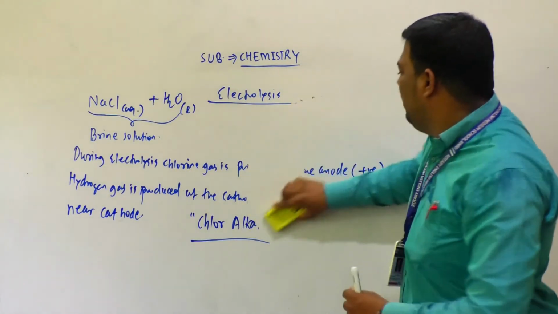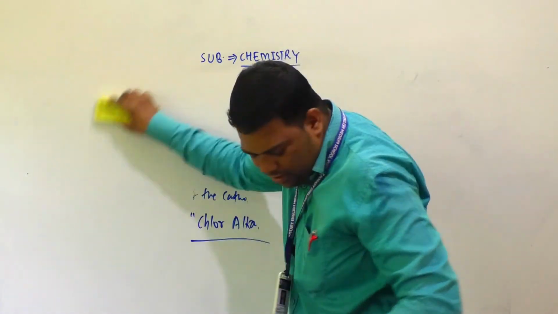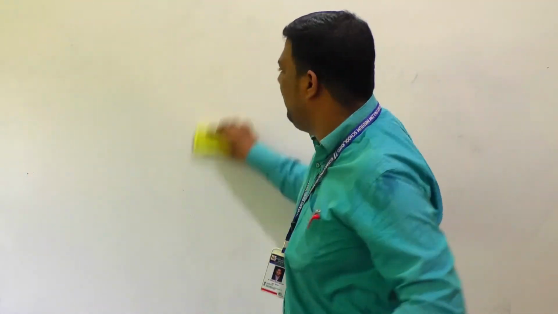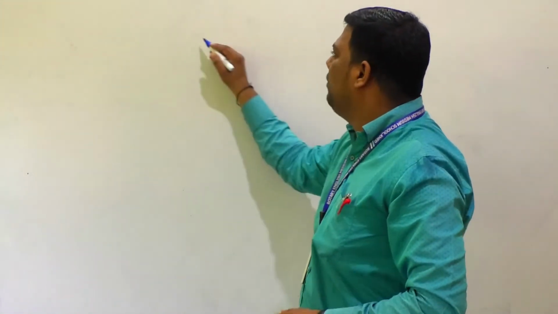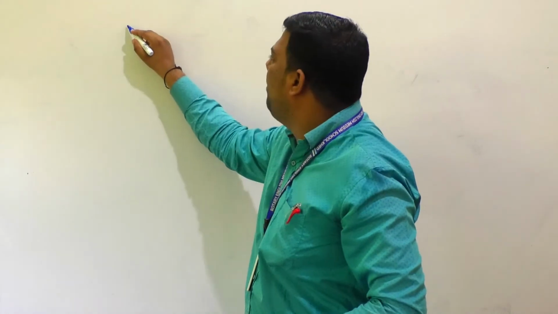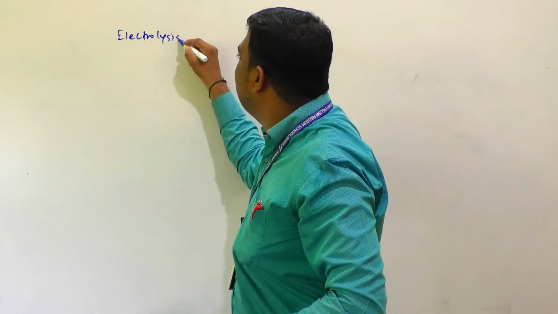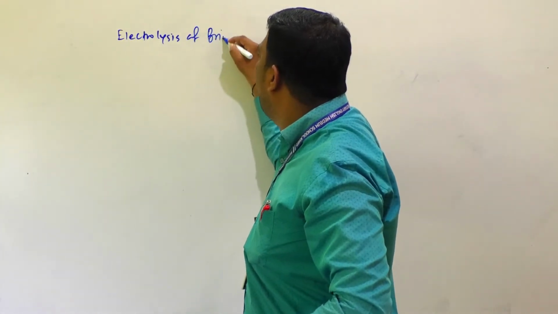Now we will discuss one important thing, how the electrolysis of brine solution is important to us. For that we need to make one chart, one T diagram. So see here, I'm writing electrolysis of brine.